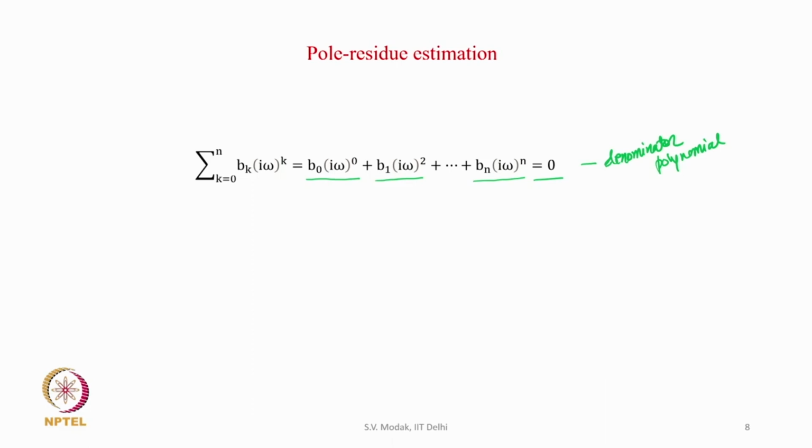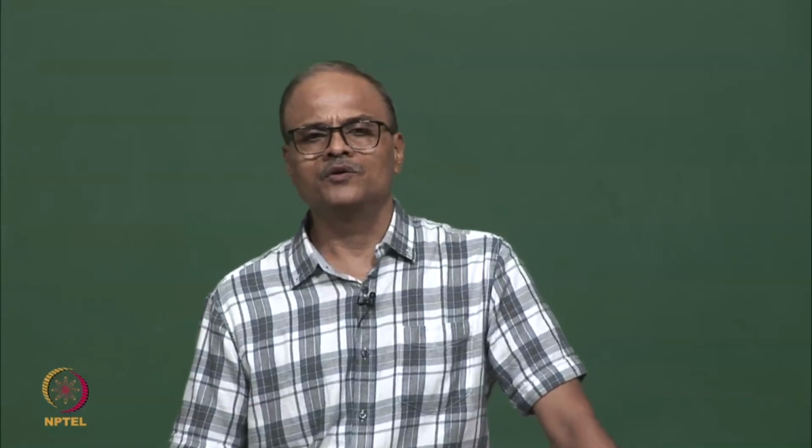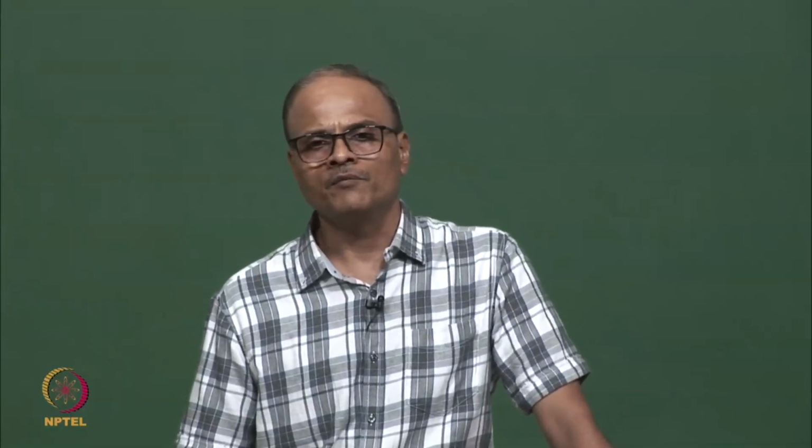Now we need to solve this polynomial for its roots. The roots of this denominator polynomial are the poles of the system, and they can be found using any standard root finding procedure.